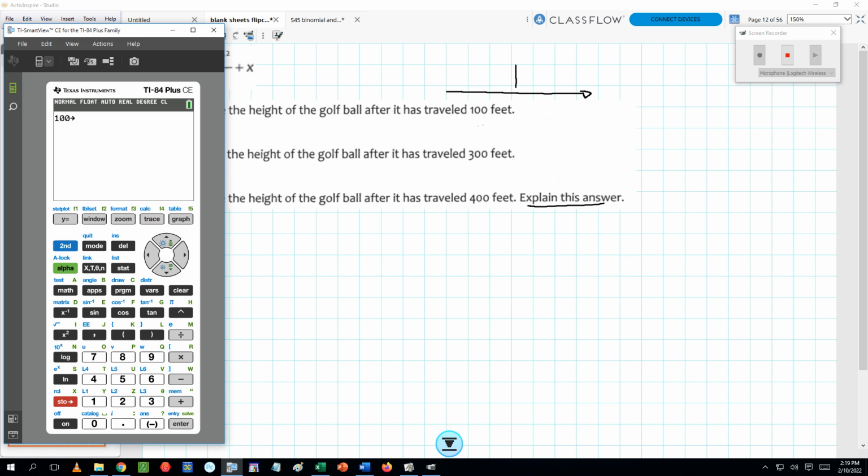100 gets stored for the x. So negative 32x squared divided by 110 squared plus x. Store 300 for my x.